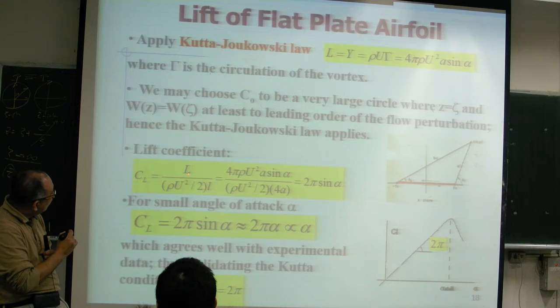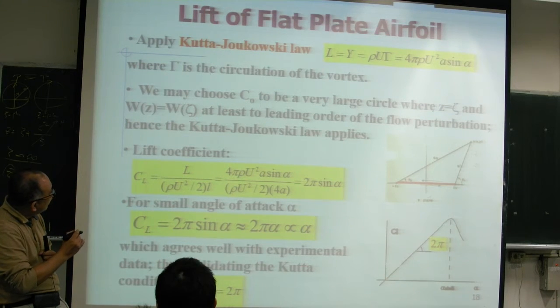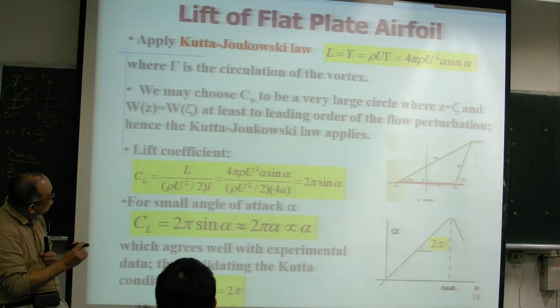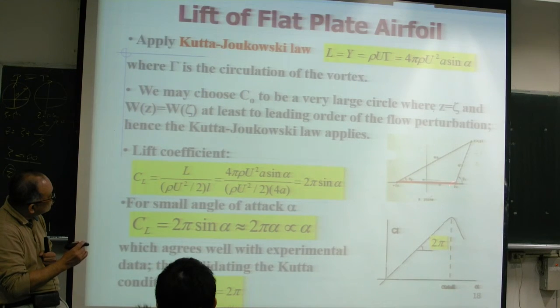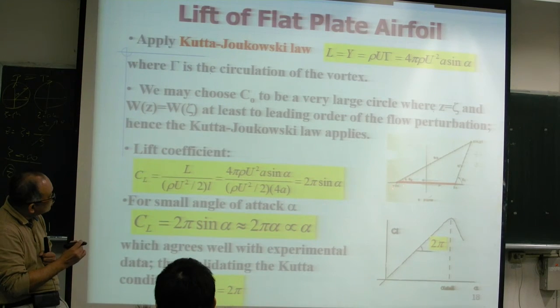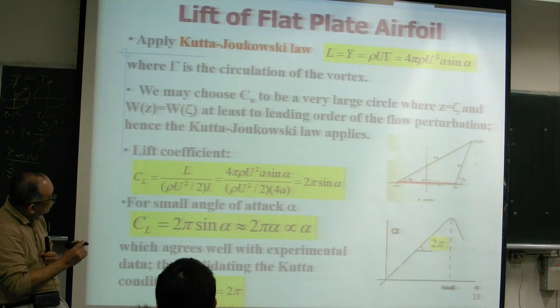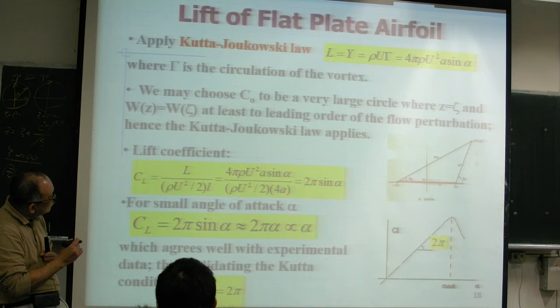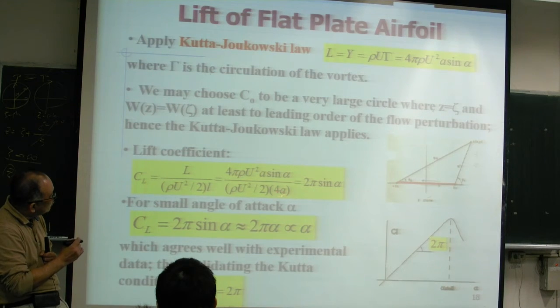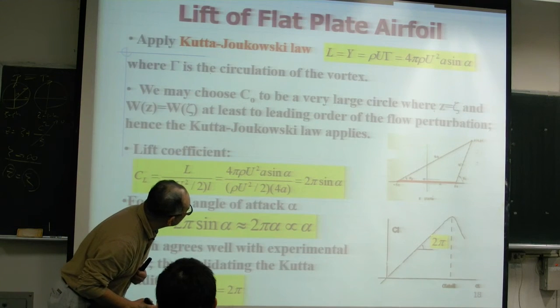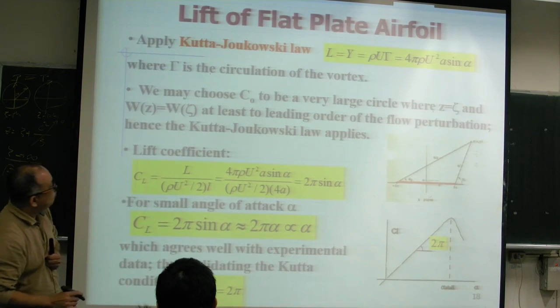As you can see, our lift here is equal to 4 pi rho U squared A sine alpha, over 1/2 rho U squared times L. And L is our chord length. The chord length here is 2A, and this is 2C, and minus 2C equals 4C, but C is equal to A for this case.